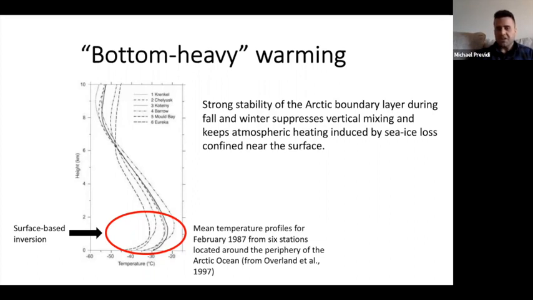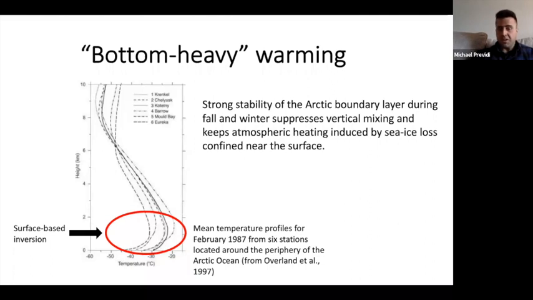These temperature profiles are very characteristic of what the temperature profile looks like in the Arctic during the cold season, during the fall, the winter, and the early spring. And the temperature profile, as you can see here in this picture, is characterized by what we call a surface-based inversion. And what an inversion means is just an increase of temperature with height. And you can see that in the area that I've circled here.